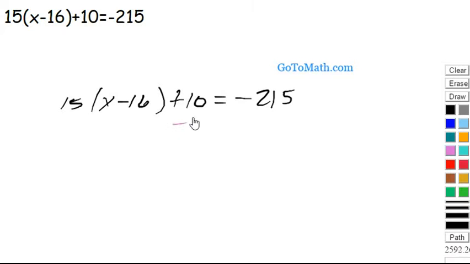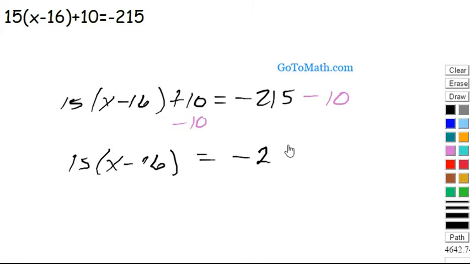So we're going to subtract 10 from both sides. Let's rewrite. So we have 15 x minus 16 is equal to, now of course positive 10 minus 10 goes to 0, and then we have negative 215 minus 10 is negative 225, right? That sound right?